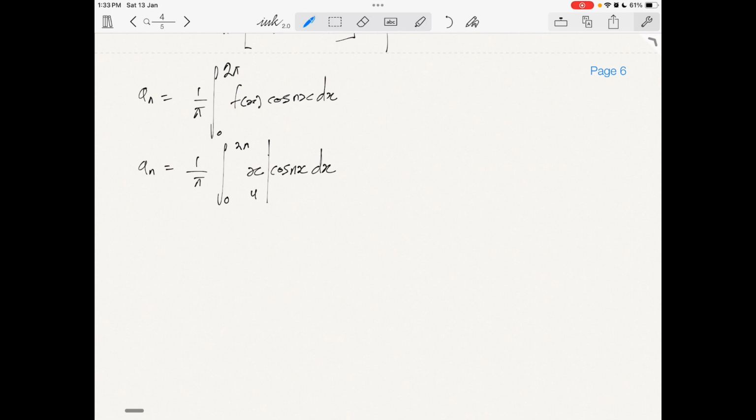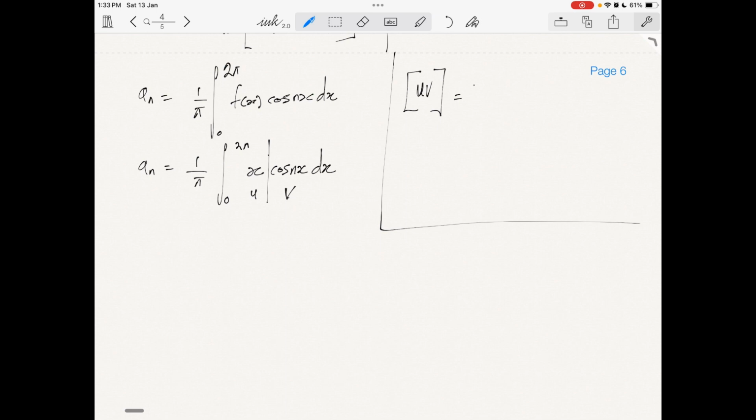We have two functions, u and v. How do we integrate the product uv?